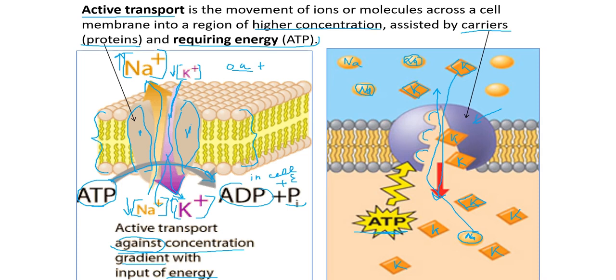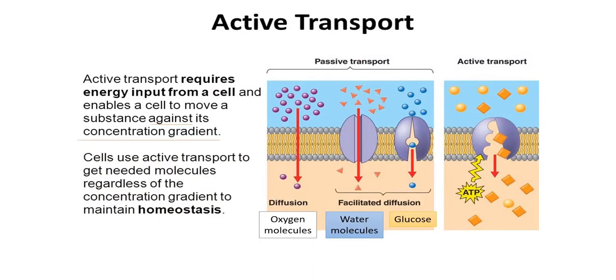And because of this, we need energy. And this type of transport is called active transport. So again, this shows our active transport on this diagram. And this is what we're moving against the concentration gradient. And this is why we need to use energy, an ATP molecule, in order to move against this concentration gradient.